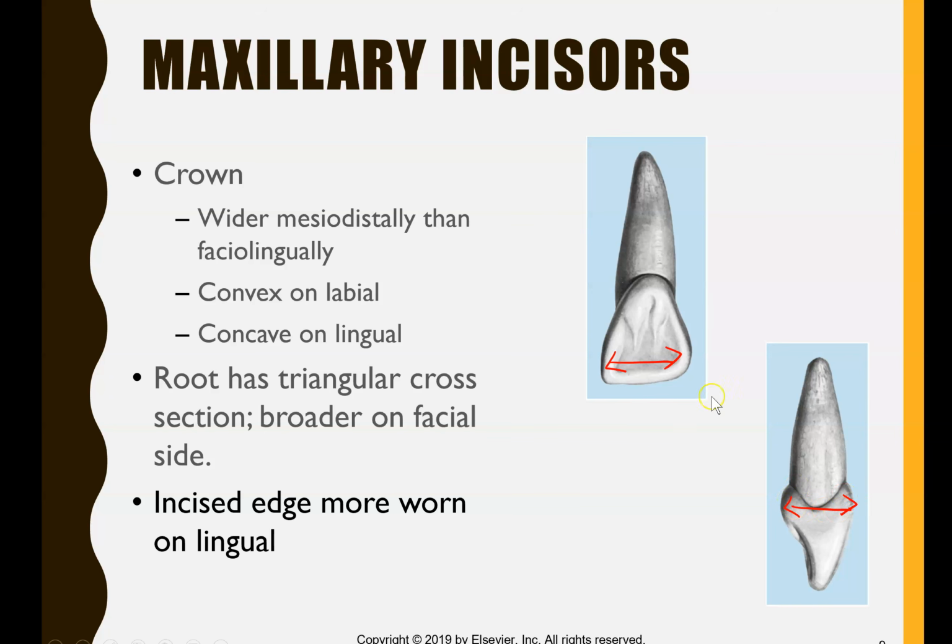If you compare the length this way, mesiodistally, it is longer compared to facial lingually. It is convex on the labial. So if you look at the labial, it does protrude outward. It convexes like this, and it's concave on the lingual. So it dips in on the lingual. It bulges out on the labial. Labial is towards the face. Lingual is towards the tongue.